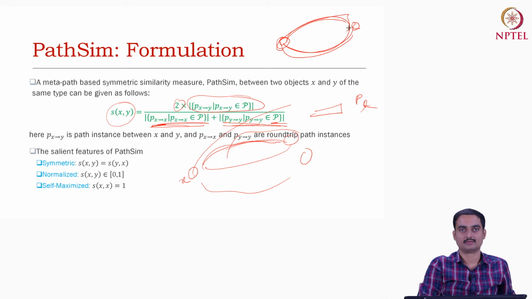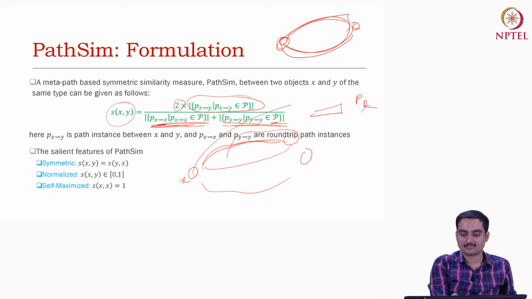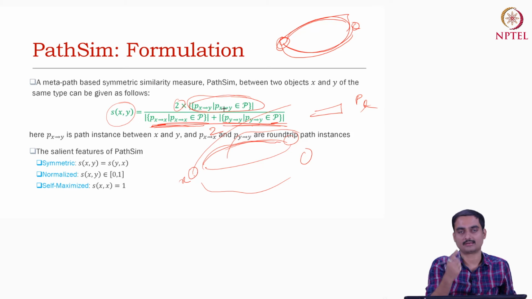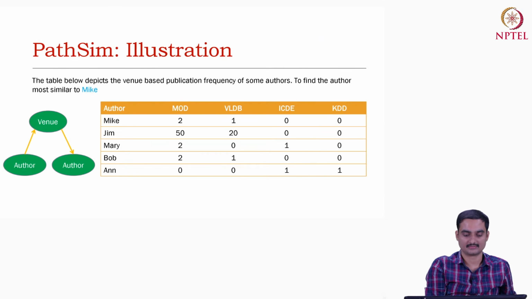You are double counting. Therefore, the denominator is divided by 2. Okay, because in the numerator you are counting one time. So this is the formulation. Now let's look at an example. Let's say we are interested in this type of metapath: author, venue, author.